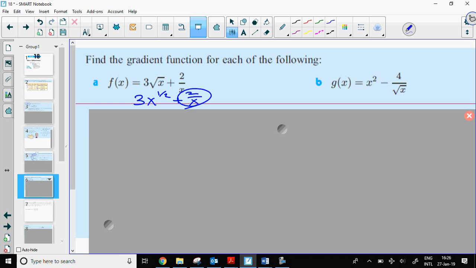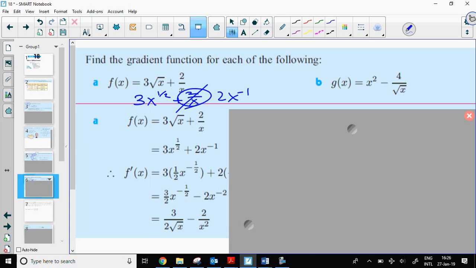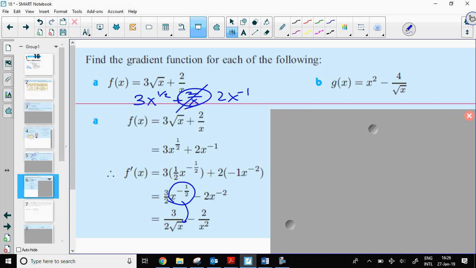Plus, oh, I meant to write that in that form. So it'll be minus 2 times x to the negative 2. If you want, in your final answer, you can rewrite your exponent form back into a root, but there's no need to do that.